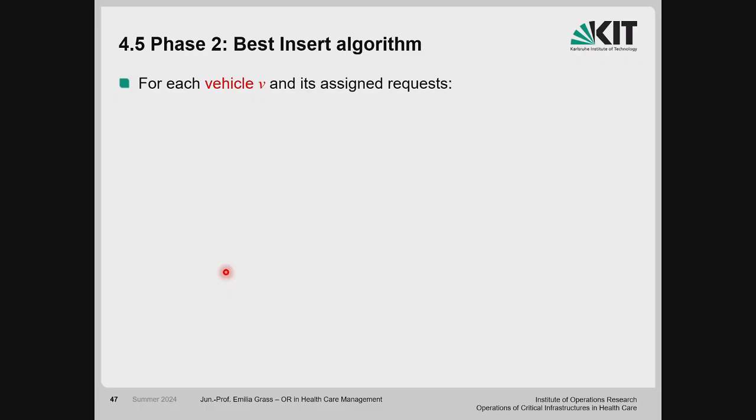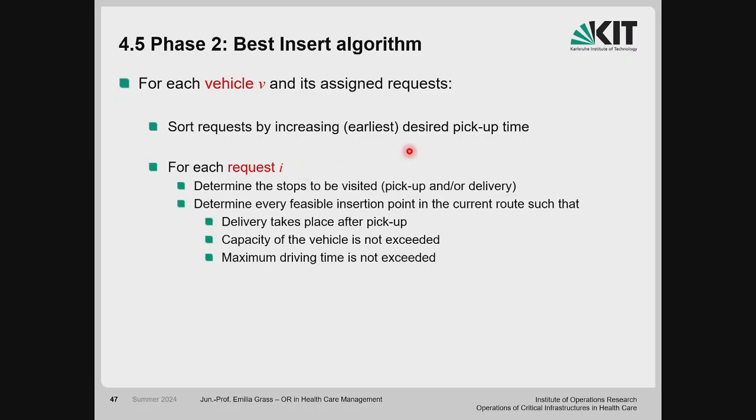How does it work? For each vehicle V, we have already some assigned requests. Now we would like to sort these requests by increasing earliest pickup time, so the earlier, the more urgent it is. For each request, we determine the stops to be visited and every feasible insertion point, first of all, to get a feasible route, so that the delivery takes place after pickup, which is pretty intuitive and logical for us, but not for the algorithm.